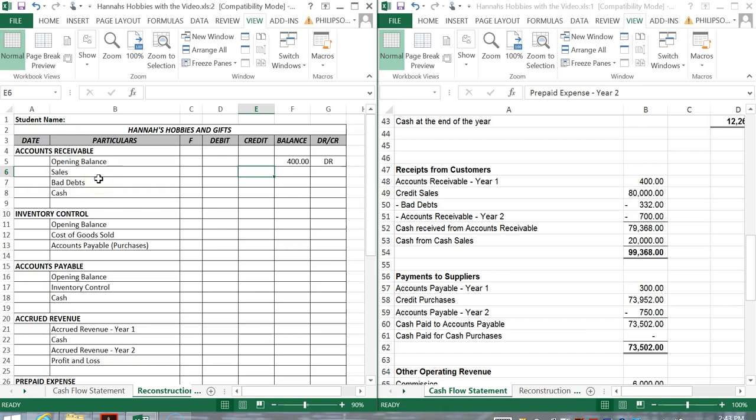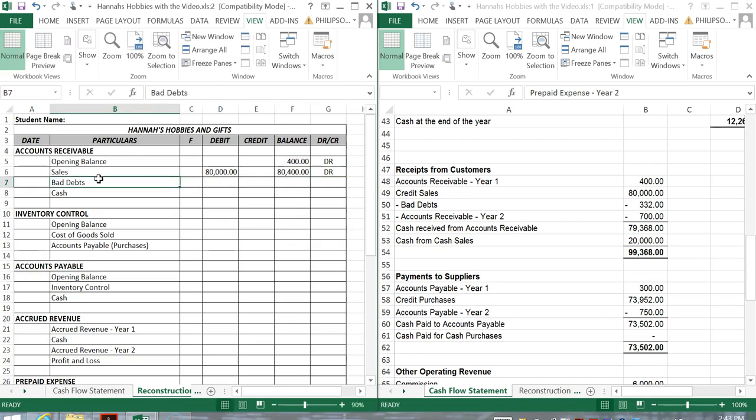So our credit sales is $80,000. It's revenue. Revenue is normally a credit. So in this instance here, our sales will be $80,000 debit. Working backwards, debit and a debit, so equals 400 plus 80,000 gives us 80,400 debit.